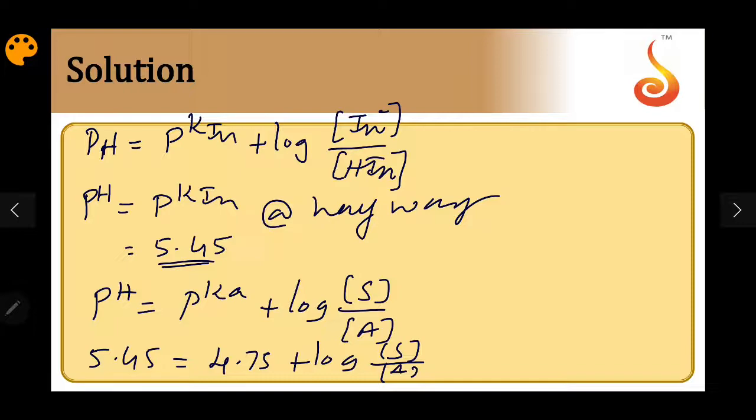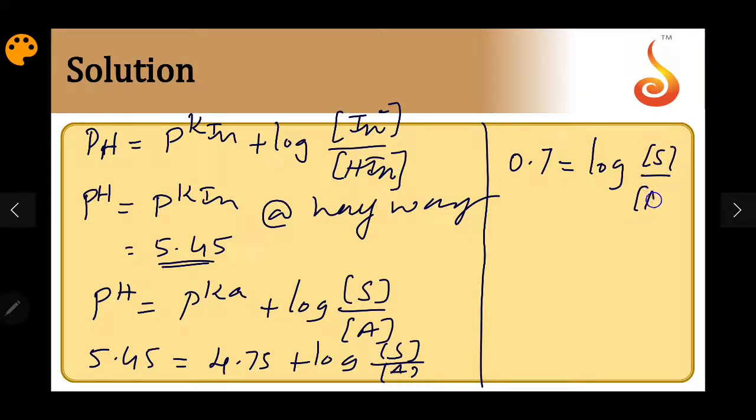So if you find the concentration, 5.45 minus 4.75 is going to be 0.7, which is equal to log of salt by acid. So the antilog of 0.7: log 5 is 0.6990, so I can approximate as 5.